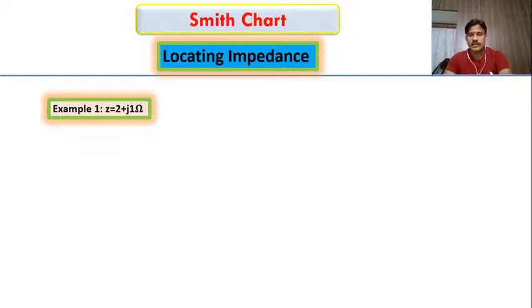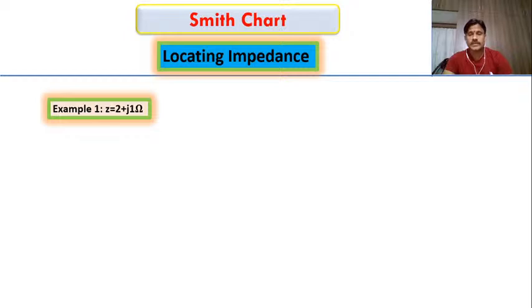The general procedure is this: whatever the impedance may be, remember that the impedance we are going to represent on the Smith chart should be normalized. So let us assume 2 plus j1 ohm is the normalized impedance. In order to represent it, we have to separate its real part and imaginary part.